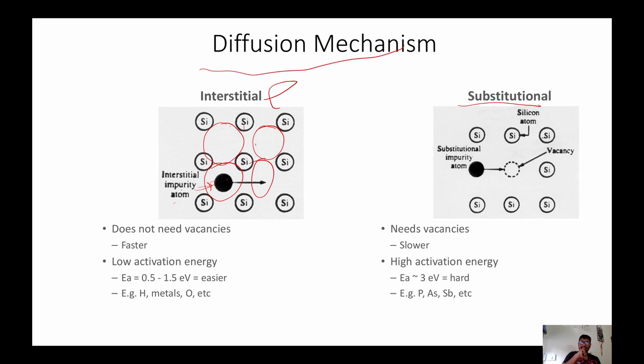These move very fast because they do not need vacancies.